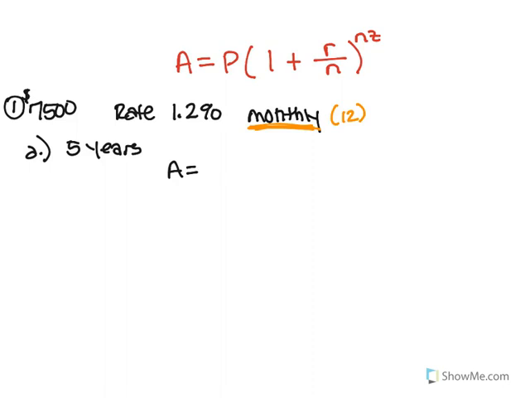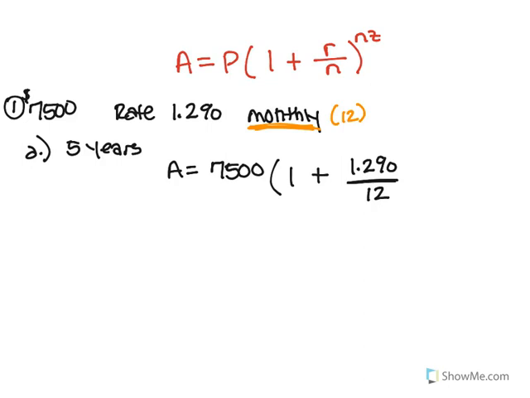So when we plug in, we have our principal, which is $7,500, times 1 plus the rate, 1.2%, over n, we're going to put 12, because that's what monthly meant.